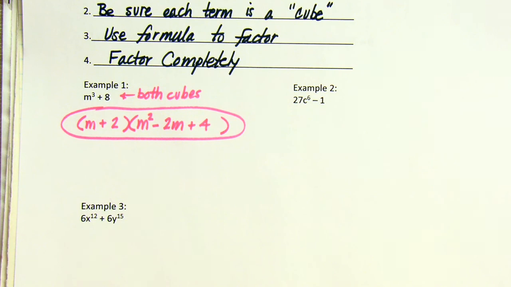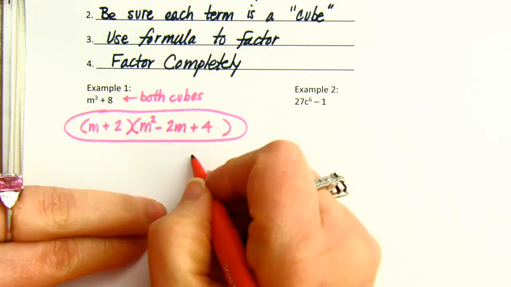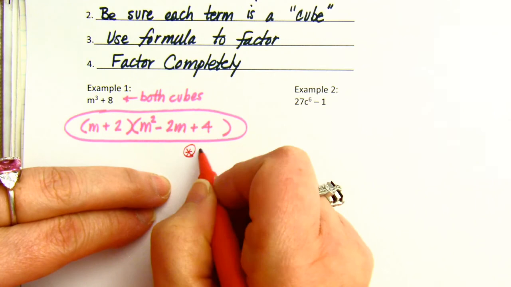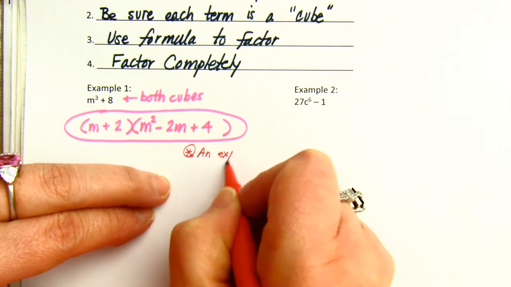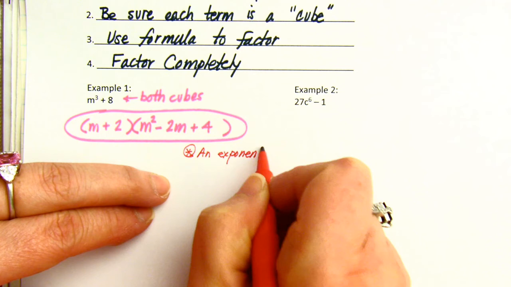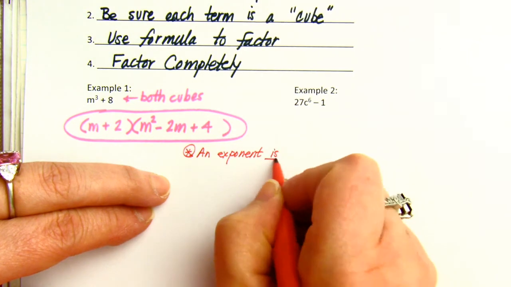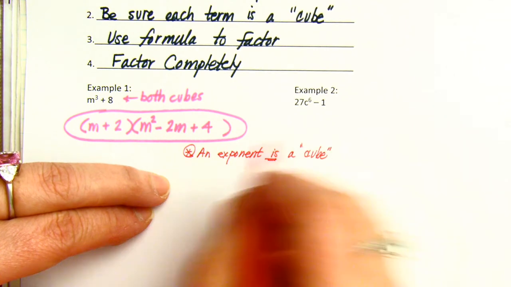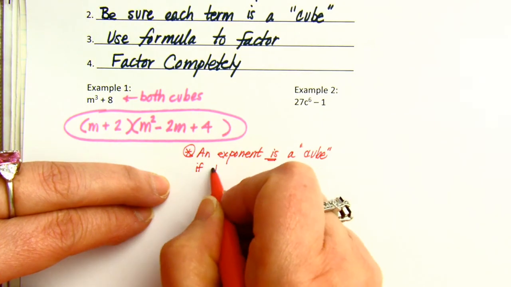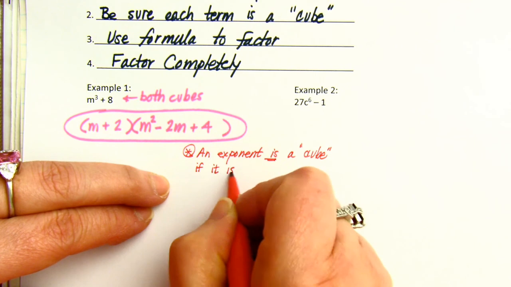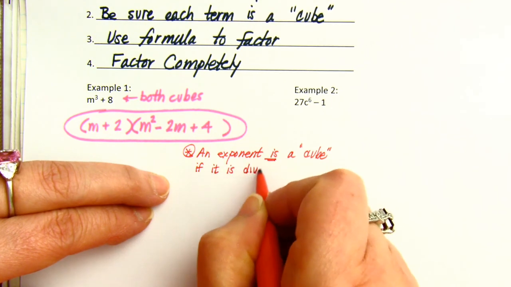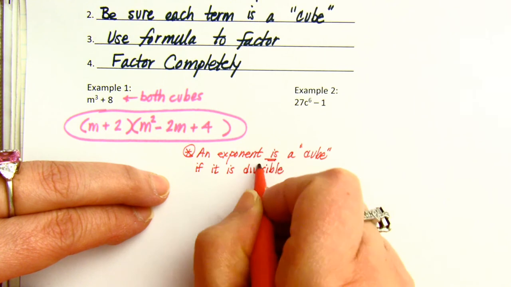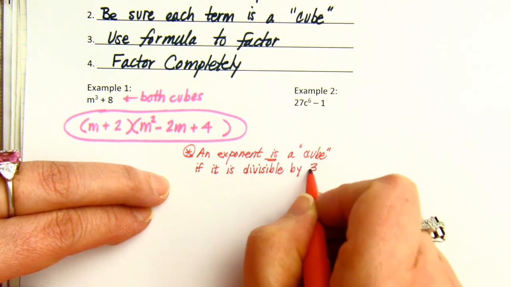Remember, an exponent is a cube if it is divisible by 3. Write this in your notes. An exponent is a cube if it is divisible by 3.